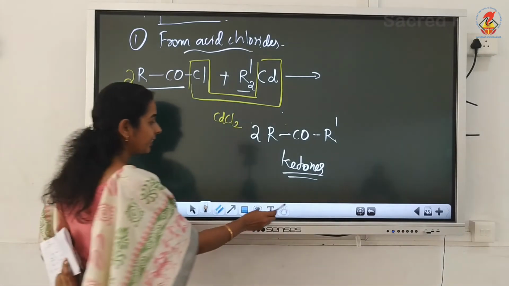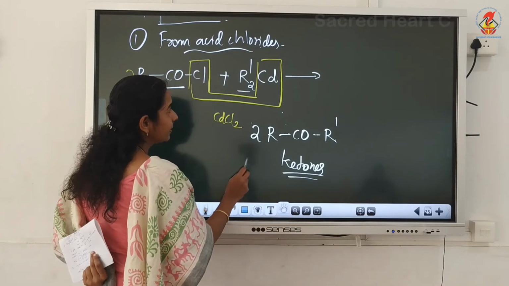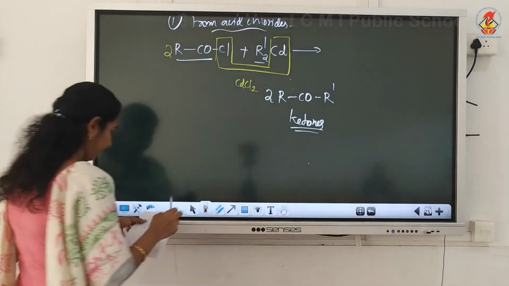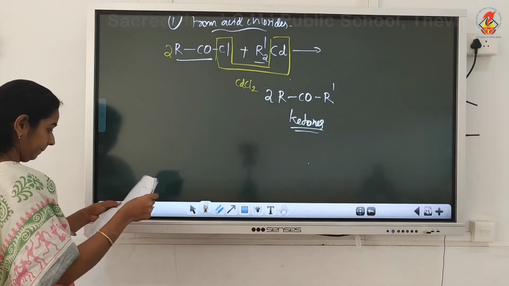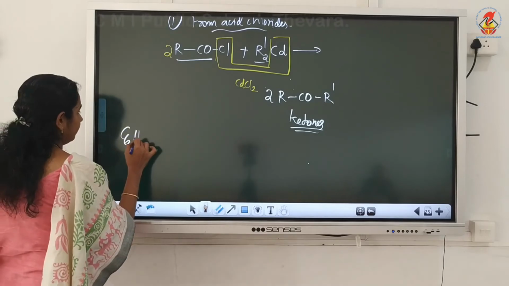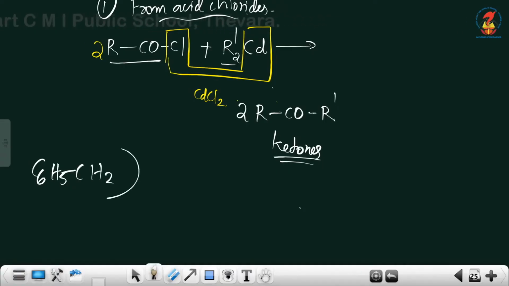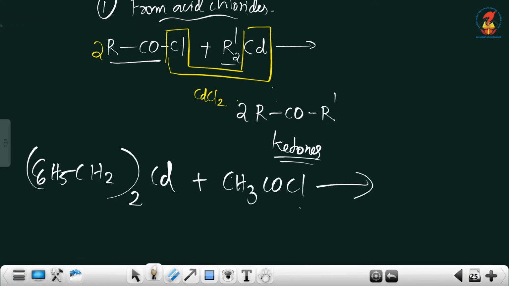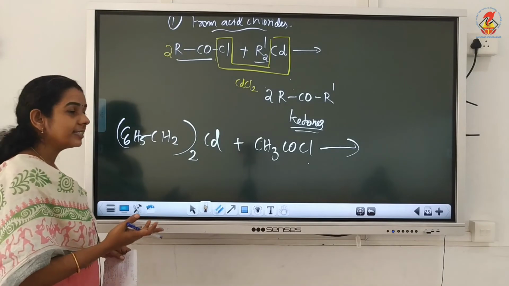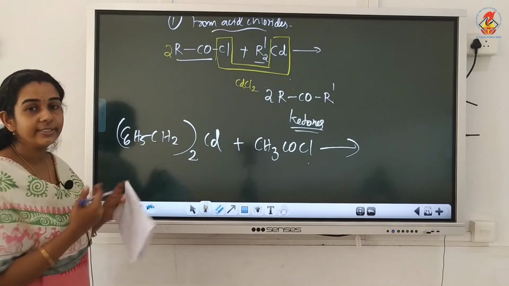Okay. This is a general representation. For example, when a question comes in the complete the following section, it is not necessary that they should give a balanced equation.